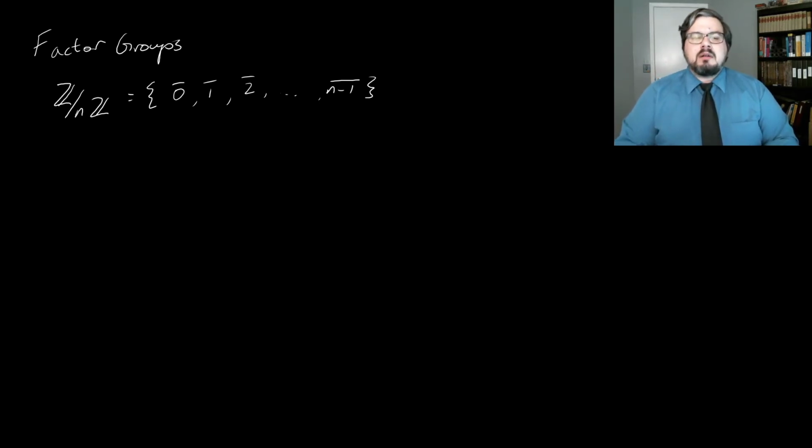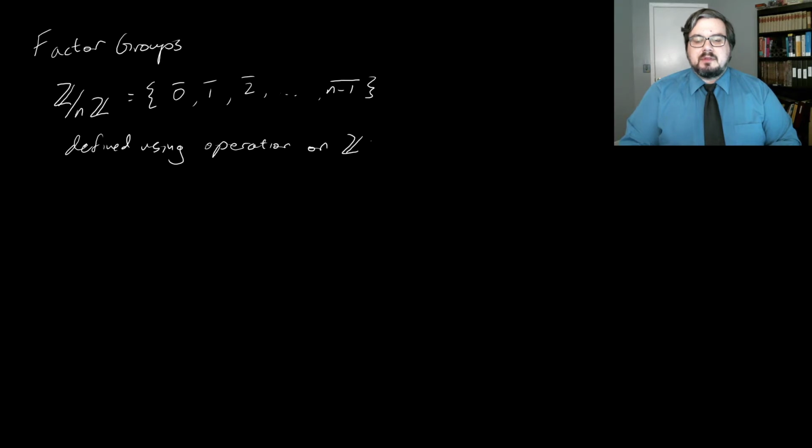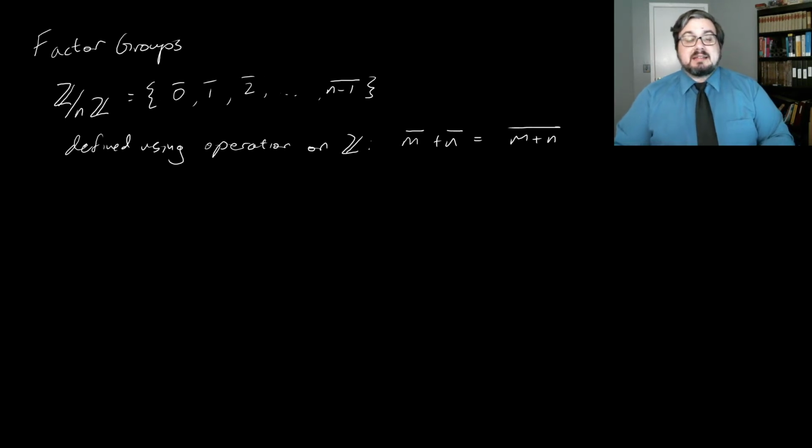And if you recall, we defined the operation on Z mod NZ, addition on Z mod NZ, using addition on Z, which is itself a group. So this is defined using the operation on Z, where we said that if I have an M bar plus an N bar, that's just the equivalence class M plus N bar.